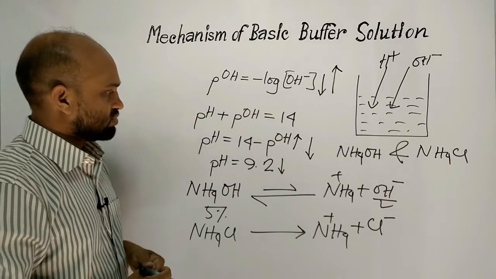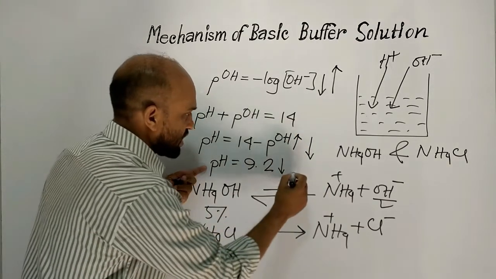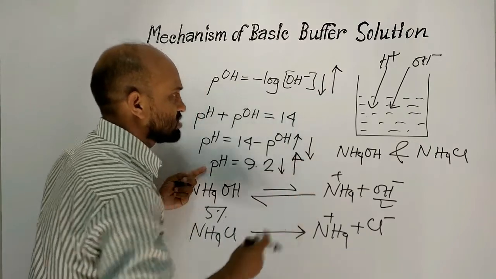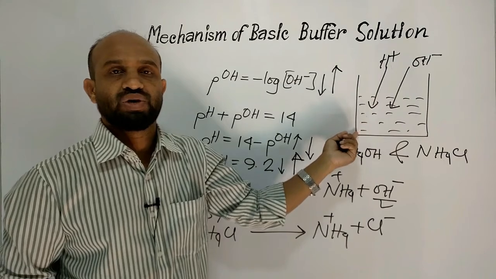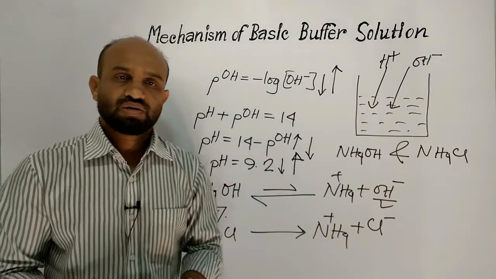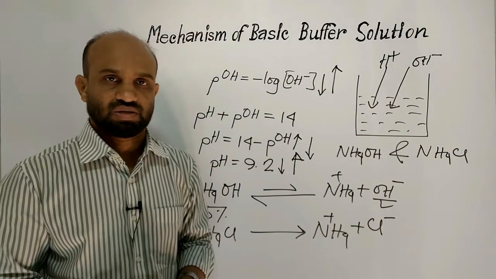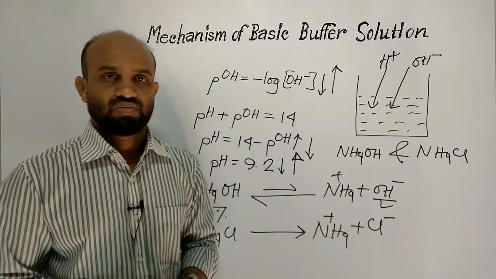That means basically pH value is supposed to increase for the addition of base to this basic solution, but pH value remains constant. Let's see the mechanism.